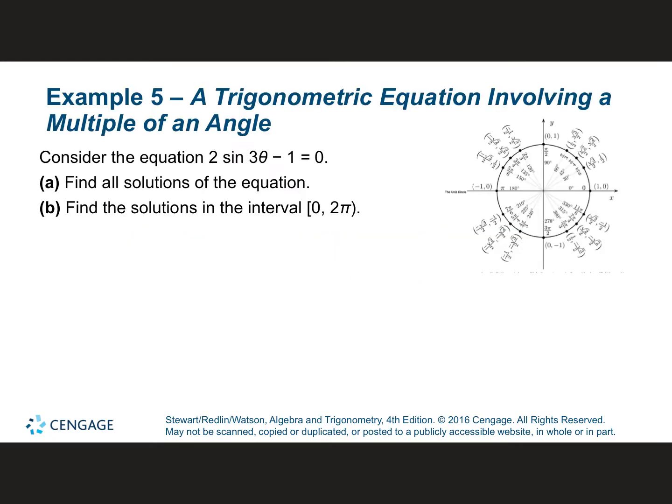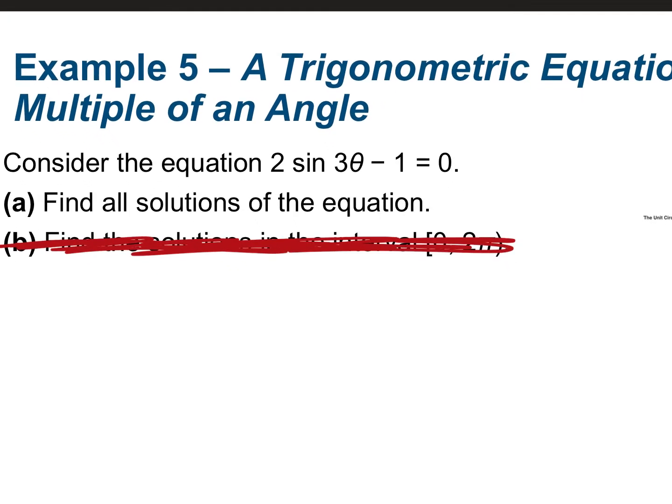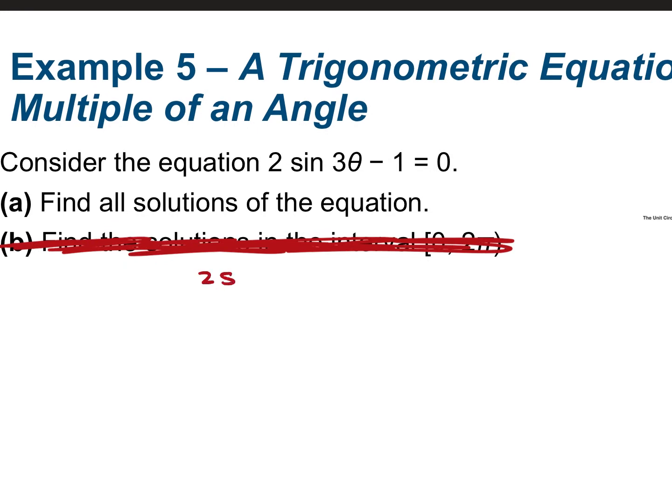For our next set of examples, we are going to be finding the solutions of these equations. When we're doing this, you can forget about the interval. Don't worry about that. For example, 5a, you're just finding the solutions of 2 sine 3 theta minus 1 is equal to 0.